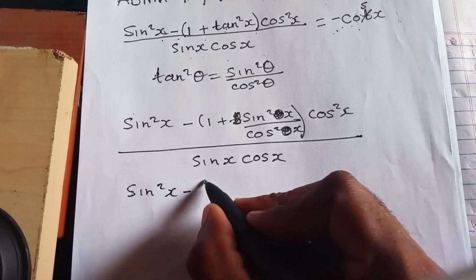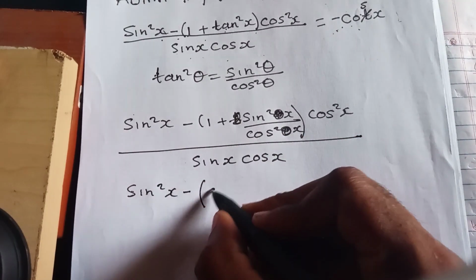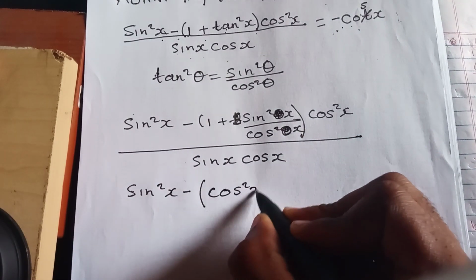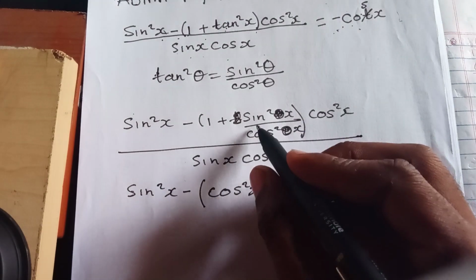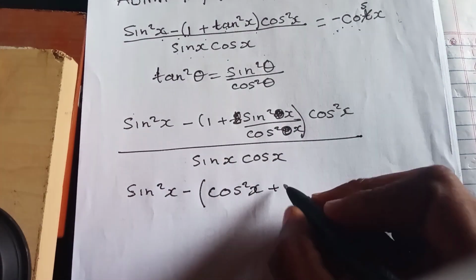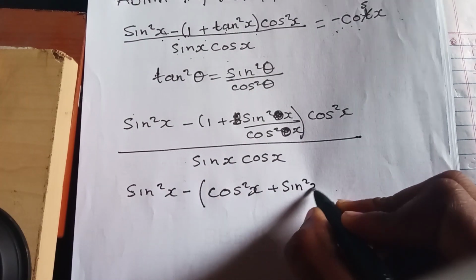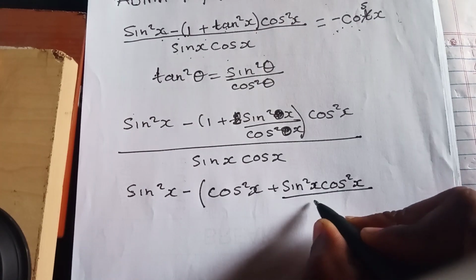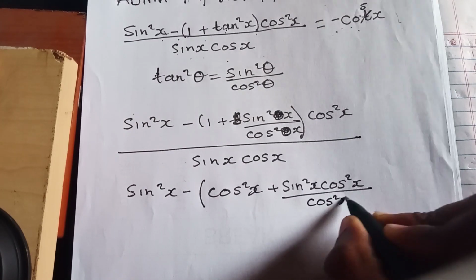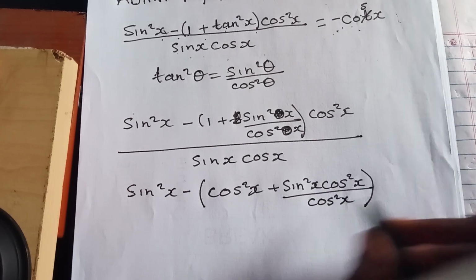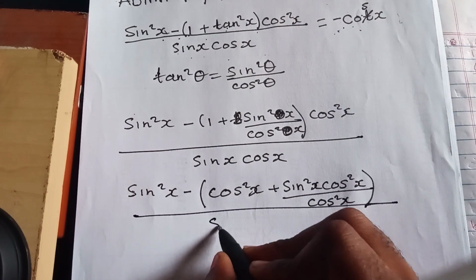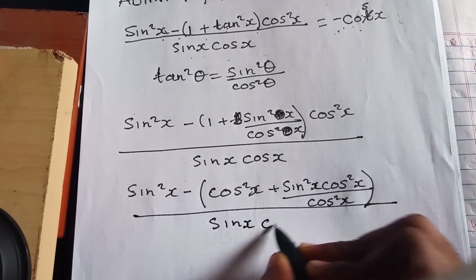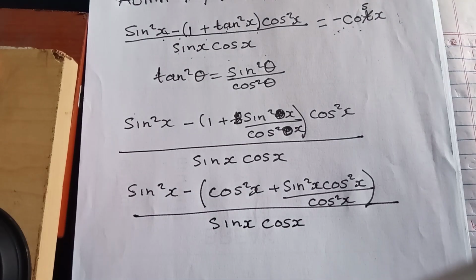So let's expand. cos² times 1, this one will be cos²x. Then cos² times sin²x, this will be sin²x cos²x, everything over cos²x, then everything over sin x cos x.